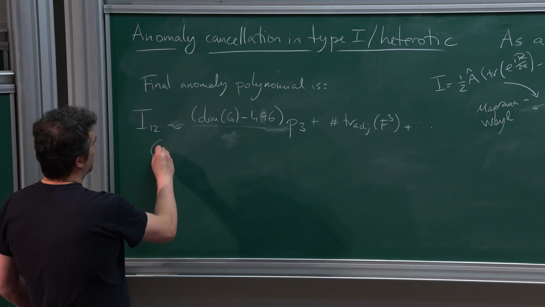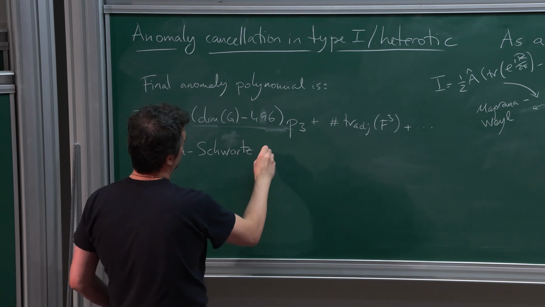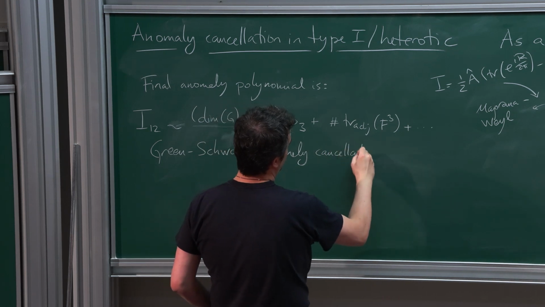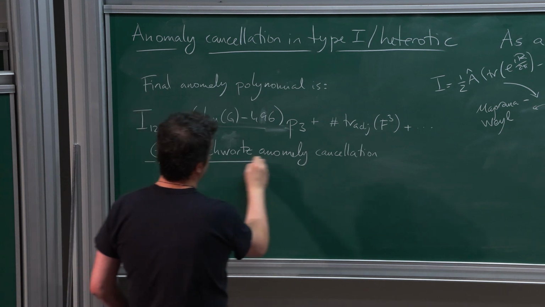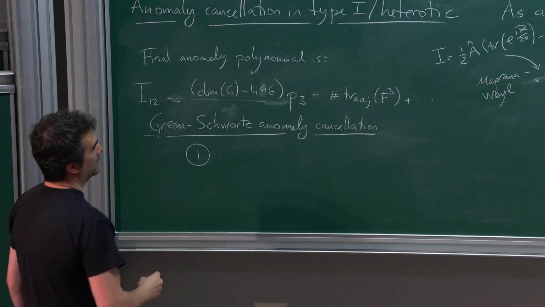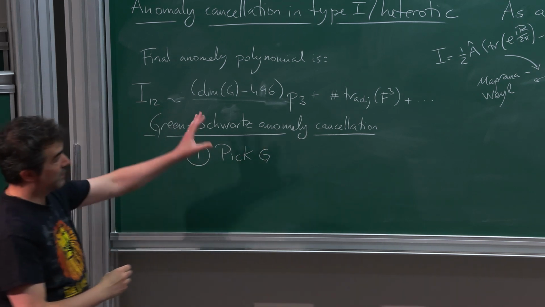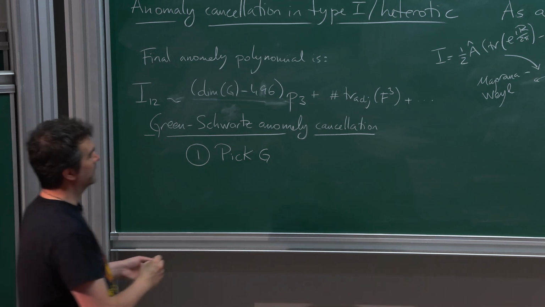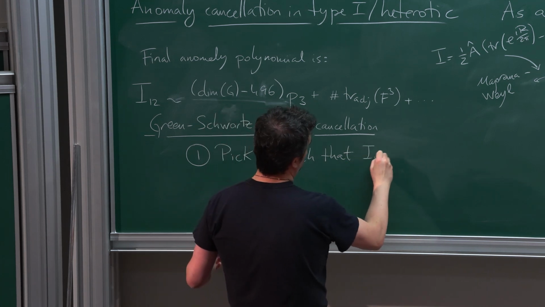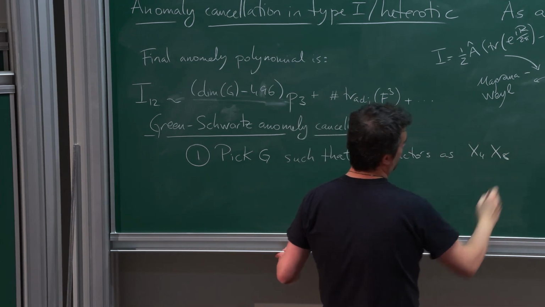So Green and Schwarz proposed the following. Let me pick G. This will only work for some choices of G. These are very special choices, such that I12 factors as two pieces, X4 and X8.